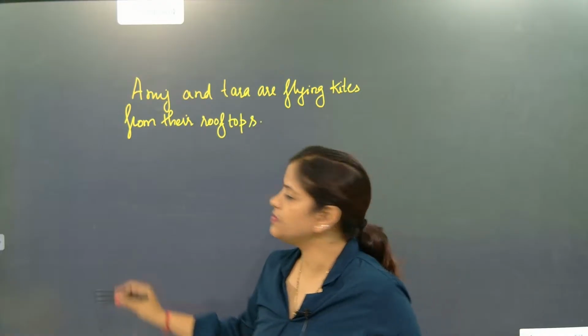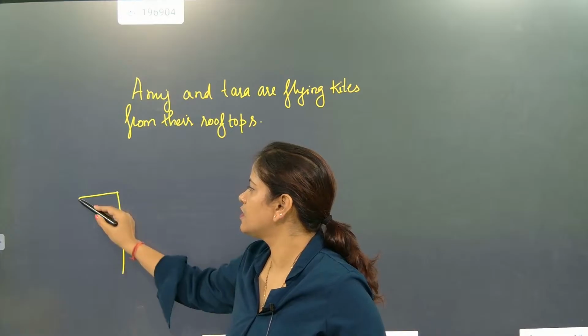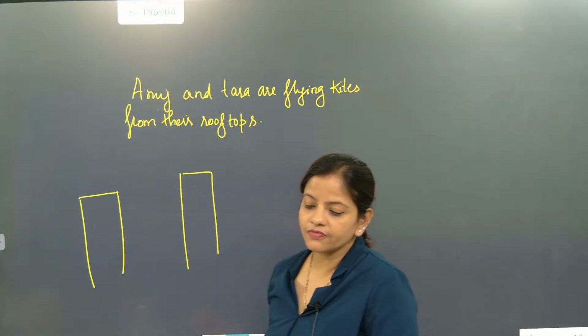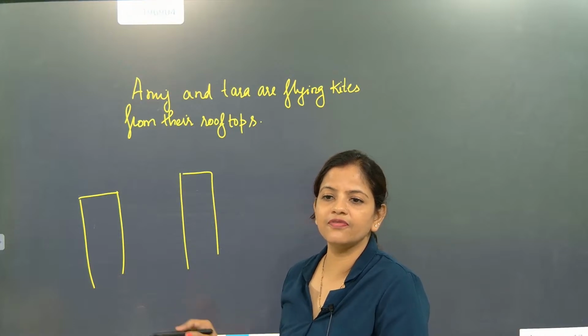Okay. So that means what? Anuj is at the roof or Tara may be at the roof. Understood? And there, beta, from there they are exactly doing what? They are flying kites.